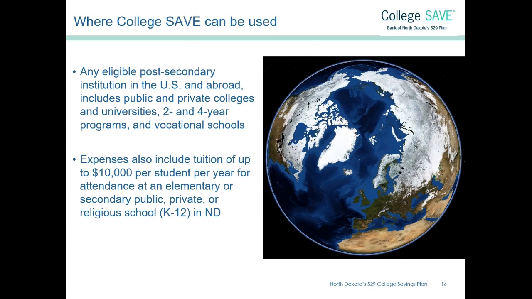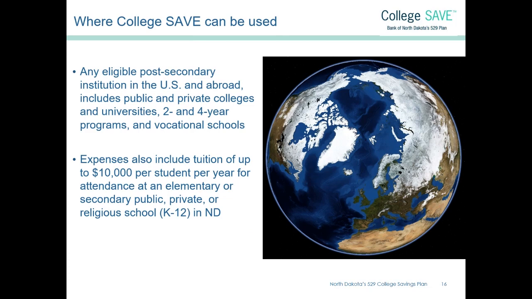And then a really cool thing too that the federal government threw at us probably 7-8 years ago already, is if you're sending your children to private or religious K through 12 schooling, you can save in a 529 plan and expense up to $10,000 for tuition only.